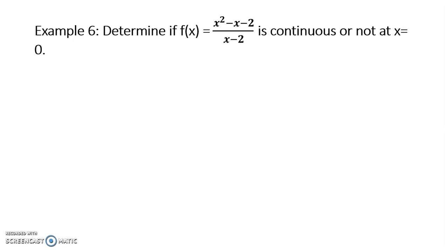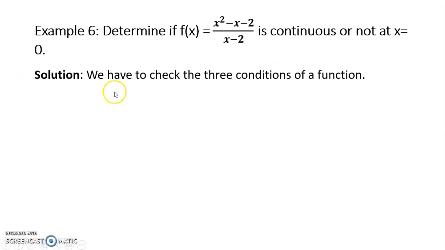Another example, determine if f of x equals x squared minus x minus 2 all over x minus 2 is continuous or not at x equals 0. Solution, we have to check the three conditions of the function. If x is 0, then f of x is equal to 1. So we simply plug in 0 to x in the function.